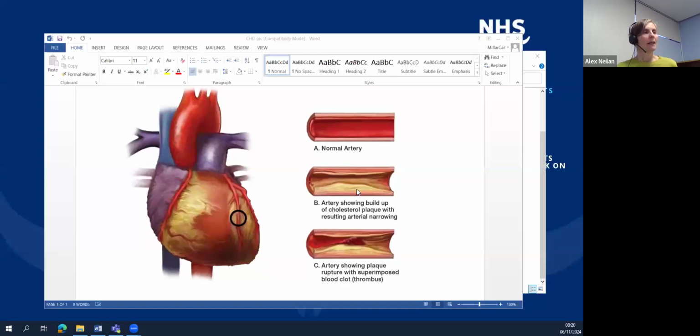Okay. The problem arises when you have buildup of fatty substances or fatty plaques. We discussed this a little bit last week. The technical term for the fatty plaques is atheroma, and the process is called atherosclerosis. This is basically shown in B. You have a buildup of the fatty plaque, and one of the main components of the fatty plaque is cholesterol. That results in narrowing of the arteries.